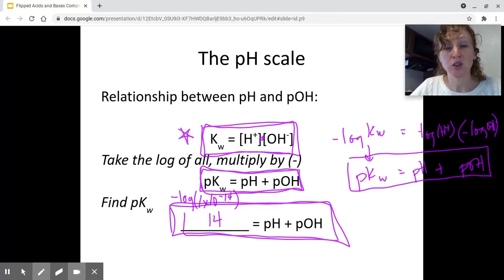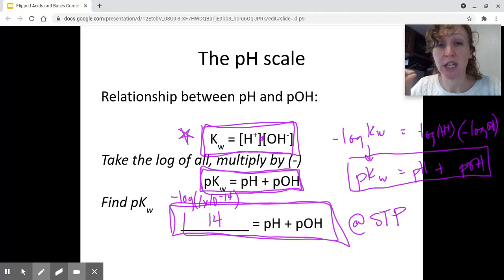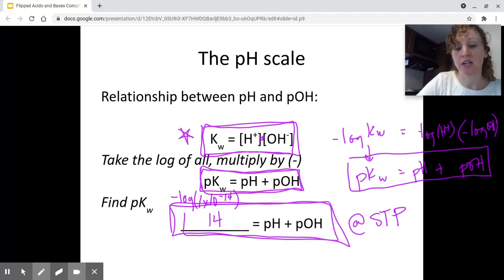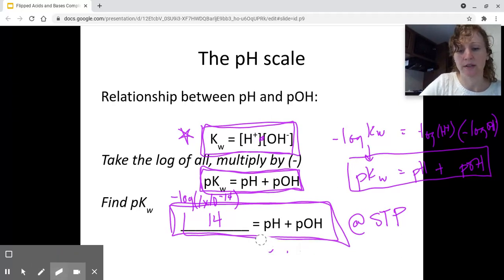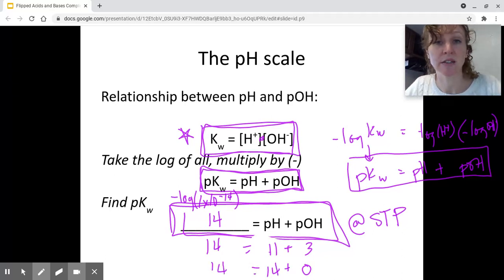But these other two kind of give you a shortcut. So at STP, pH and pOH together equal 14, and we saw that on the other page when pH was 3 maybe, and pOH was 11. Oh, maybe it was the opposite. I think pOH was 3 and pH was 11. Either way, they're going to add up to 14. Similarly, if pOH is 0 and pH is 14, they're going to add up to 14, right? So that's a really convenient relationship.